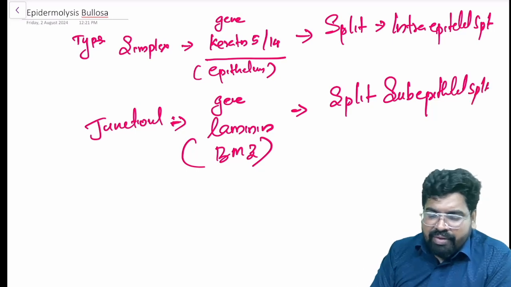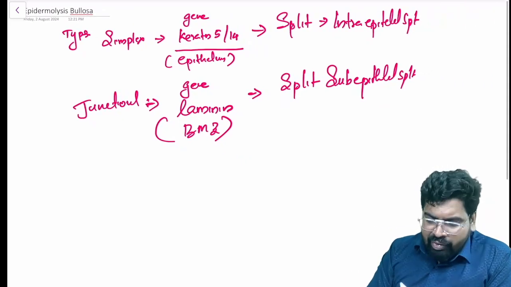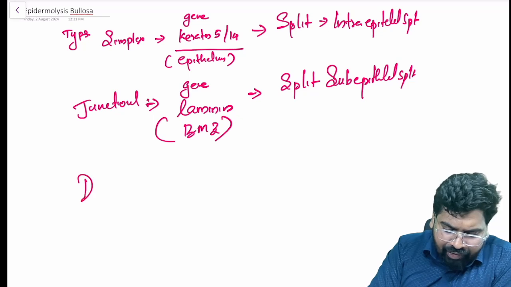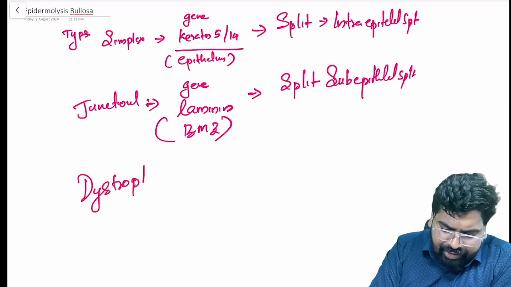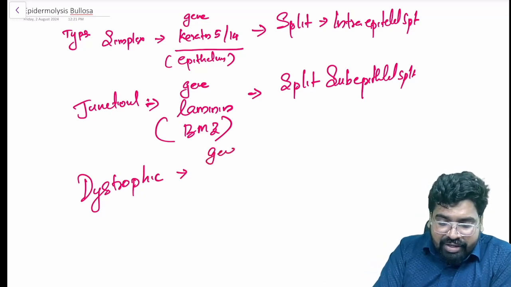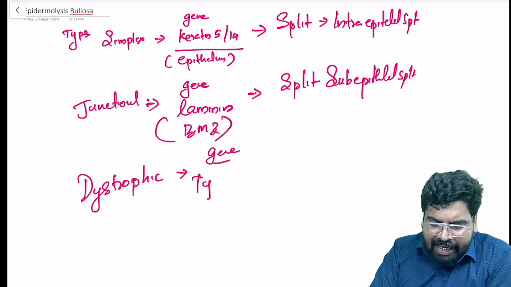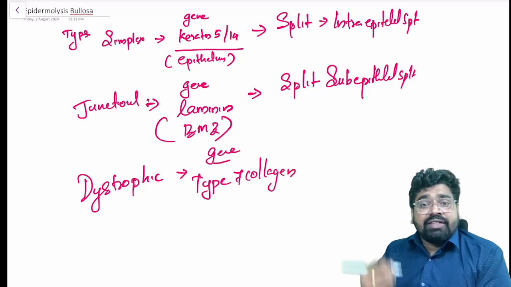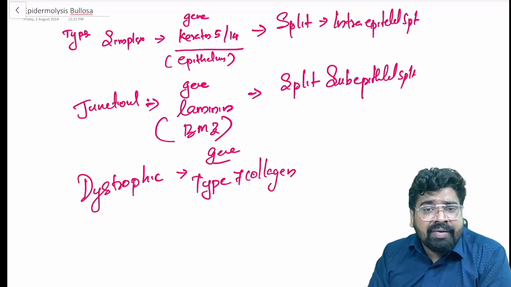Subepithelial split. Very nice. Now the next one is epidermolysis bullosa dystrophica, the dystrophic type. Here, the gene mutation is in type 7 collagen. Where is this type 7 collagen seen?